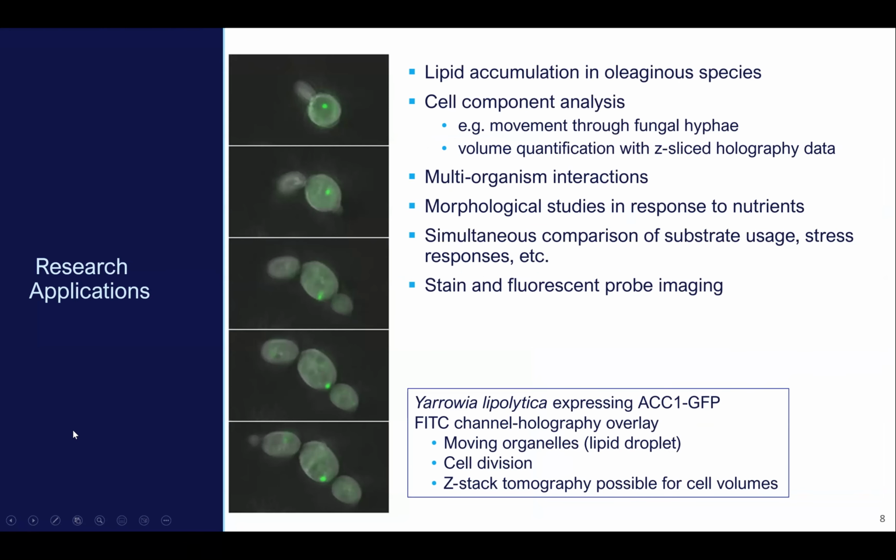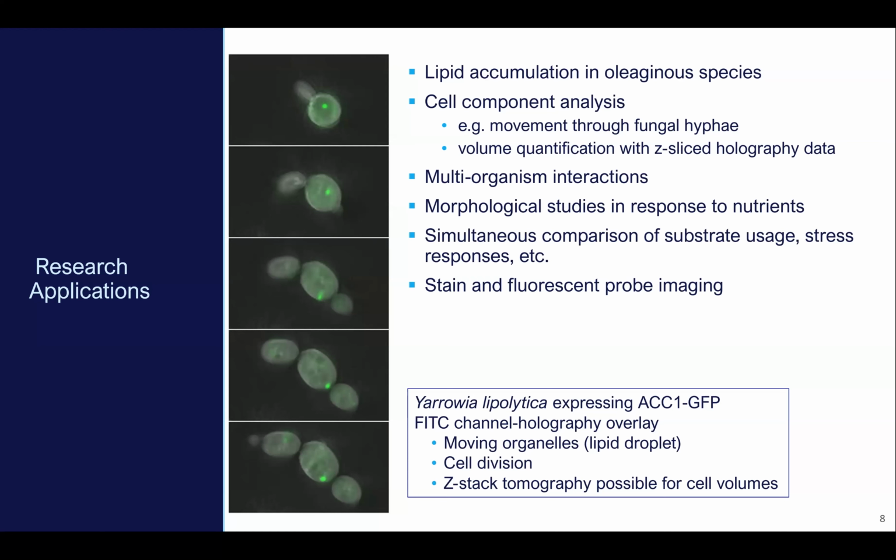All right. So some potential research applications that come to mind for me, but I would love to hear about any ideas that you have, would be something like lipid accumulation in oleaginous species, cell component analysis, so you can track the movement of organelles or materials through fungal hyphae. You can do volume quantification of cell biomass.